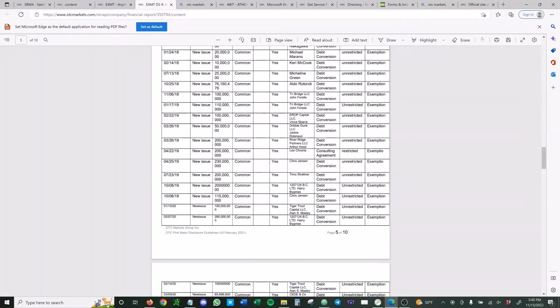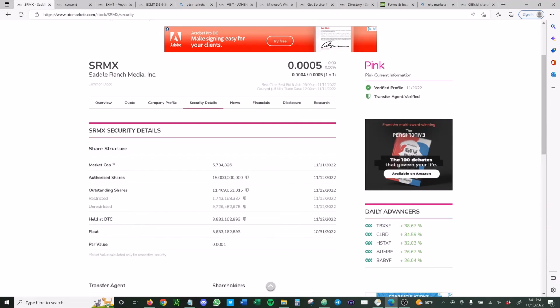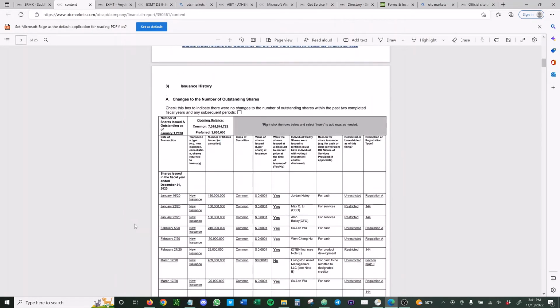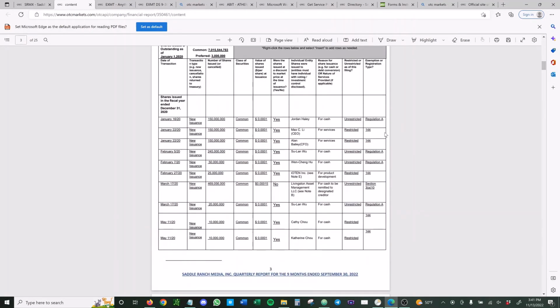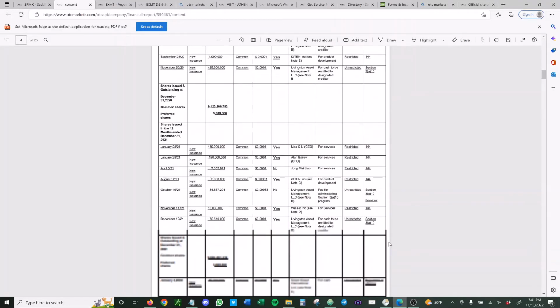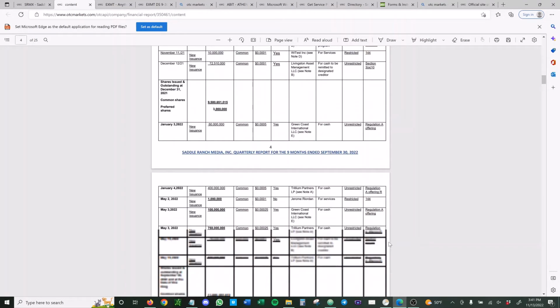So that's going to end up being similar, where it's going to have to wait for a certain time period and have the legend removed. And another one, SRMX, where we have quite a few more restricted shares, something like 1 billion. And when you look here at the disclosure, we see a lot of 144. For services, restricted shares 144. We have some unrestricted ones for Reg A that I mentioned before, but restricted shares 144, that's what we see a lot.